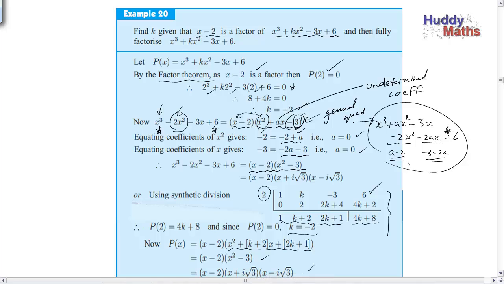But there we have done that factorisation, but fully factorised would suggest that you have linear factors. So x squared take 3 has to be looked at as x squared take 3i squared. So here there's going to be x plus i root 3, x take i root 3.